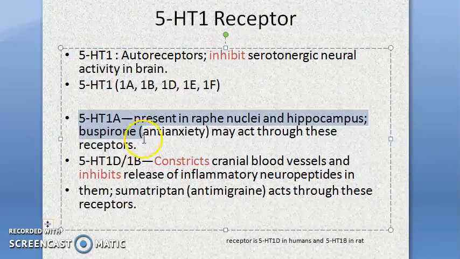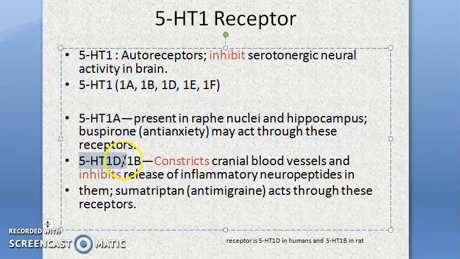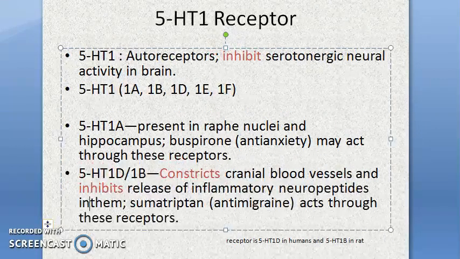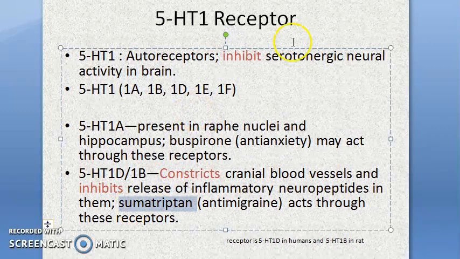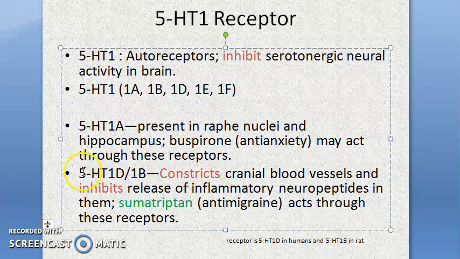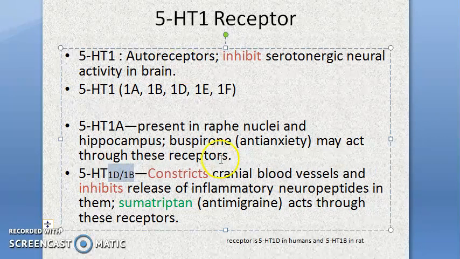Now, 1D/1B you should know, because Sumatriptan works on this. That is why it's already written here. Sumatriptan, our anti-migraine drug, works on 5-HT 1D/1B. Now, what is this 1D/1B?